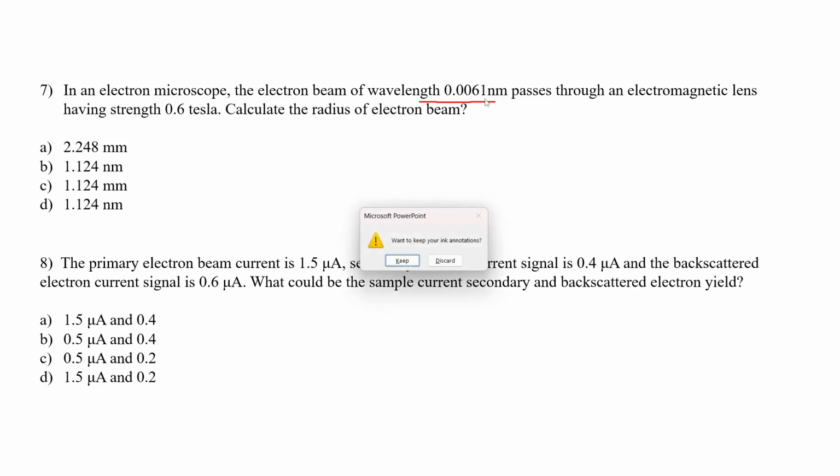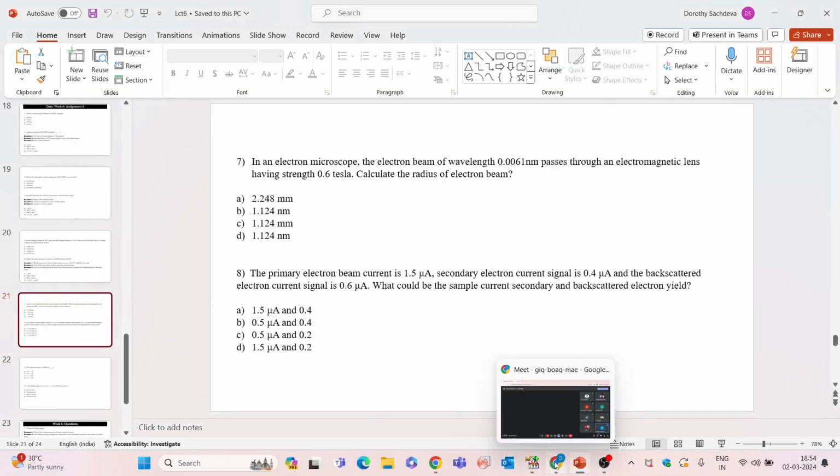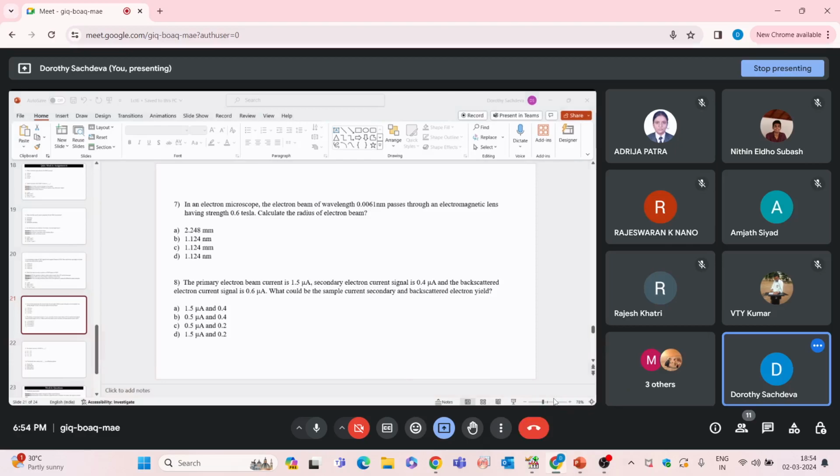Anyone? You just need to use the formula which we discussed in question number 5 to calculate the energy of the electron using the wavelength 0.0061 nanometer, which is given in your question number 7.